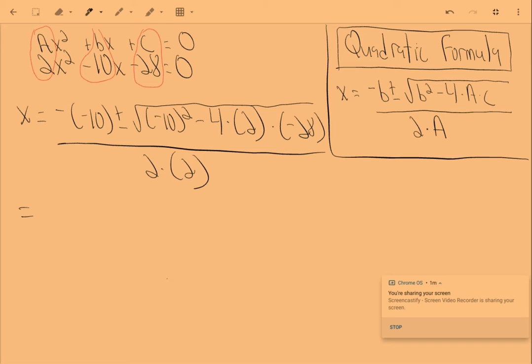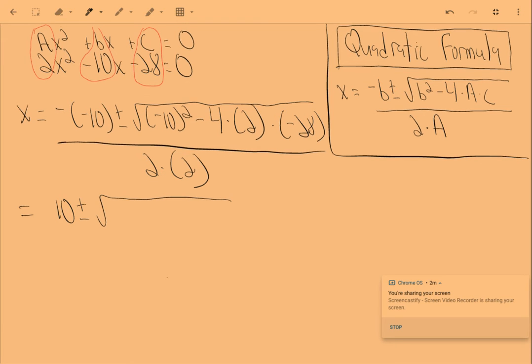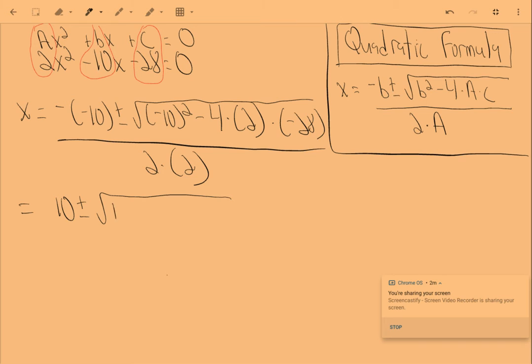So first things first, right here, we have negative 10. That's going to make that a positive 10, plus and minus square root. Negative 10 squared, that's going to be 100. And then over here, we have negative 4 times 2 times negative 28.